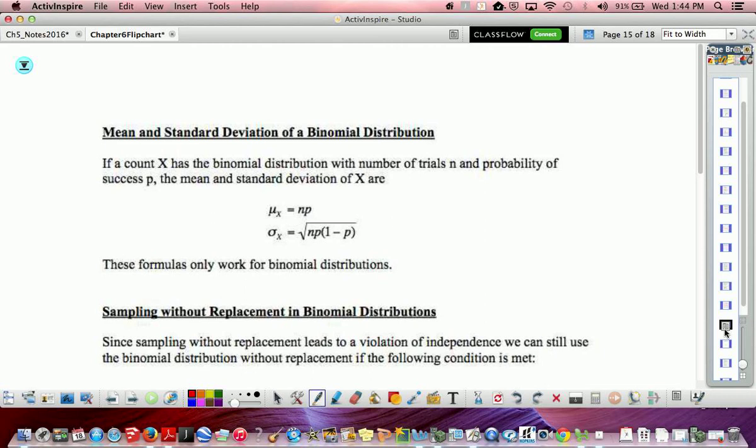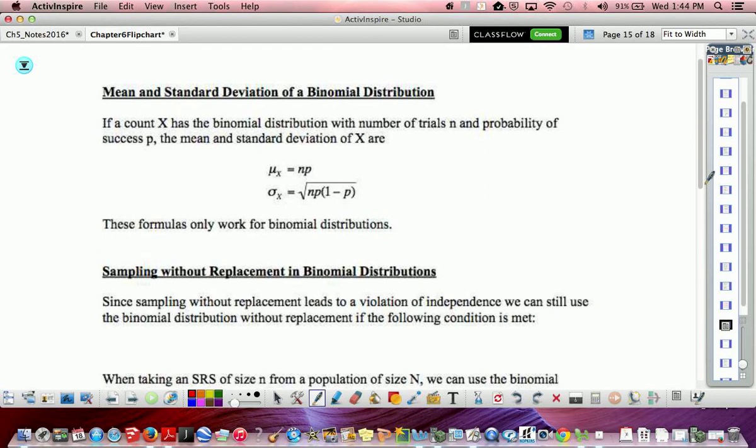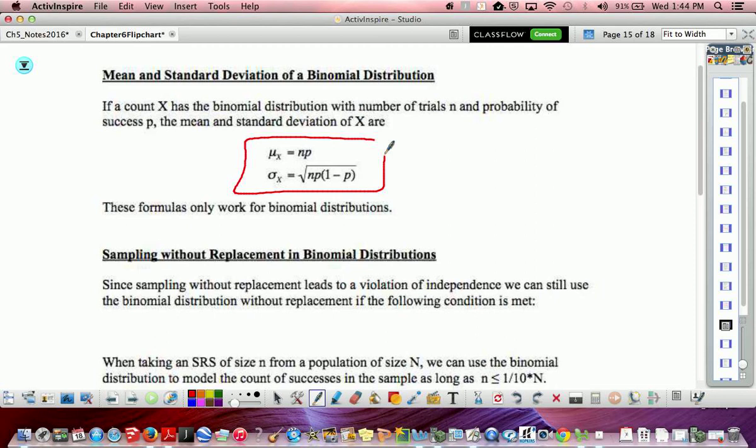So, binomial distributions. One of the neat things that we can do with binomial distributions, just like the distributions for a discrete random variable or a continuous random variable, we can calculate its mean and standard deviation. We can do those by using these 2 formulas.